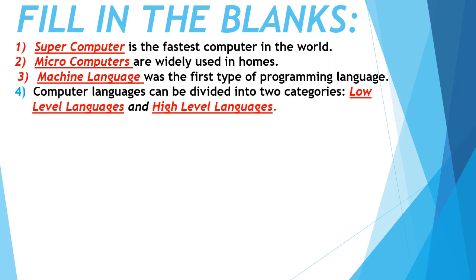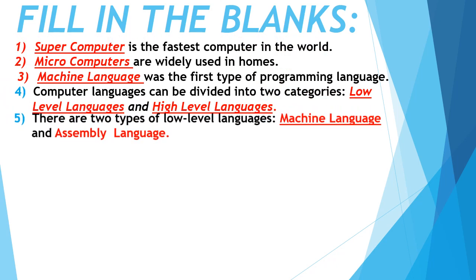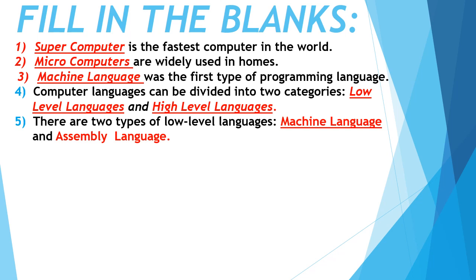Now number 4. Computer language can be divided into two categories. Which two categories? Low level language and high level language. Low level language is also of two types. Which two types? Machine language and assembly language.